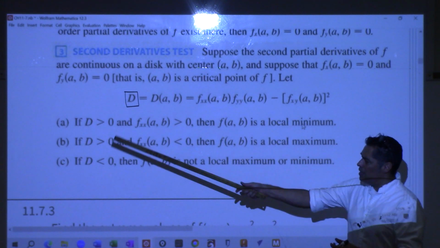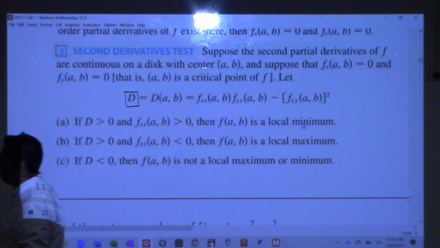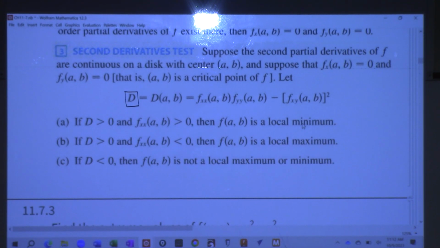So on the board over here on the side, off camera, I'm going to put what the calculation of d is. D is, the way we write it, d of ab. So you have to calculate d at a certain point.